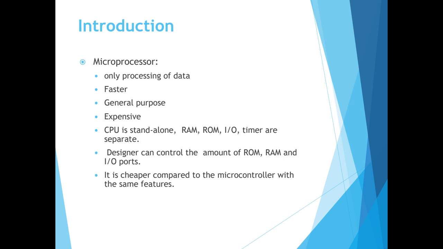We know that a microprocessor is used only for processing of data, and because it is a single purpose data processing task, it is much faster than a microcontroller. It can be used for general purposes. What does it mean? For different applications, we can use a different microprocessor with different speed, size, and so on.